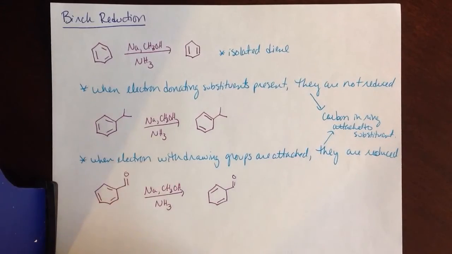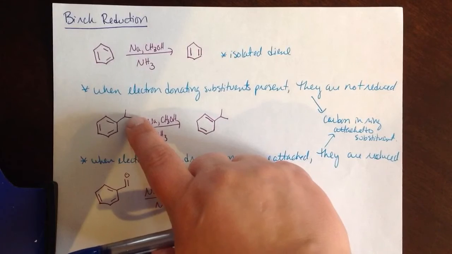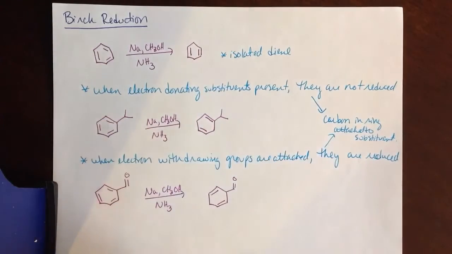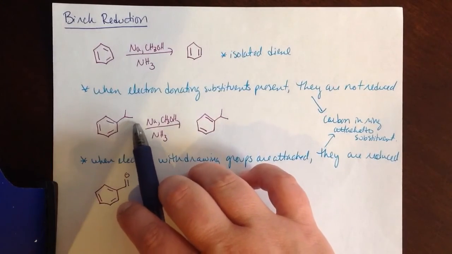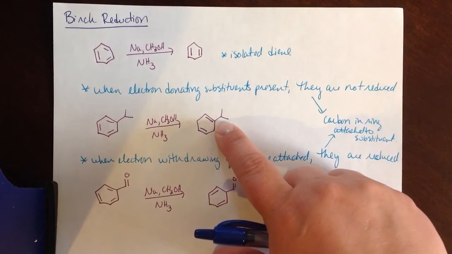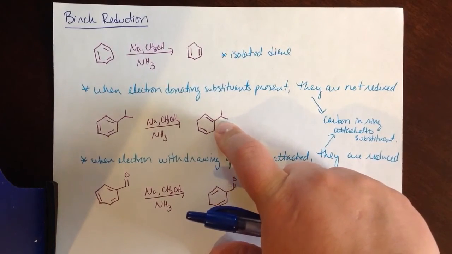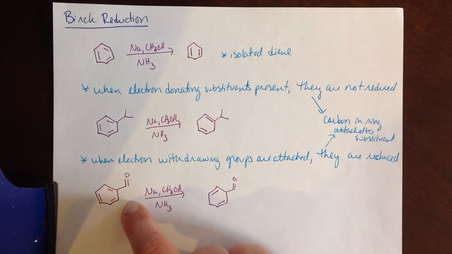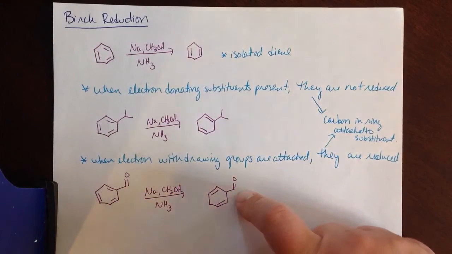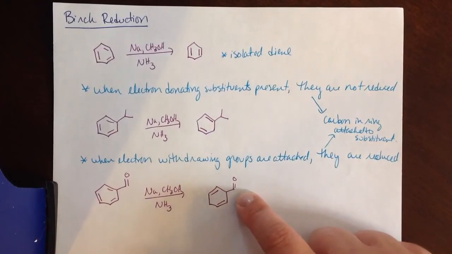So something to note here is that when you have an electron donating substituent, which I realize we haven't totally talked about yet, that's something that's going to come in the next few lessons, this guy will actually be connected to that double bond. But if you have an electron withdrawing substituent, then it will specifically not be in that double bond.